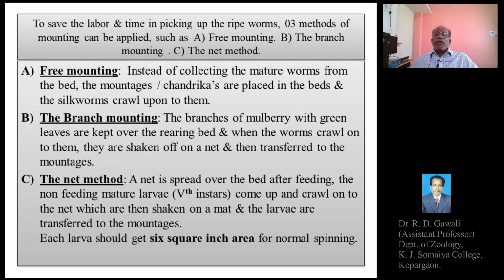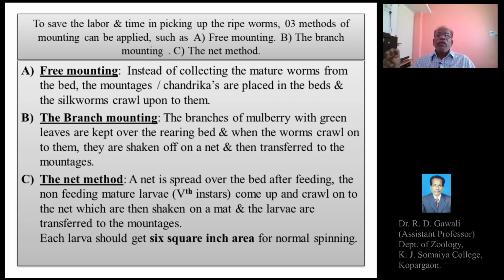So again, there are various methods of mounting, or transferring the fifth instar larvae from the feed bed or rearing trays to the mountage or chandrikas. To save labor and time in picking up the ripe or mature silkworms, there are three methods of mounting that can be used, and these are pre-mounting, the branch mounting, and the net method.